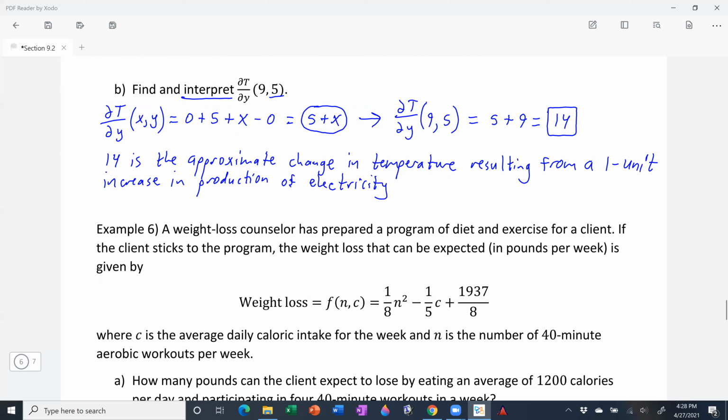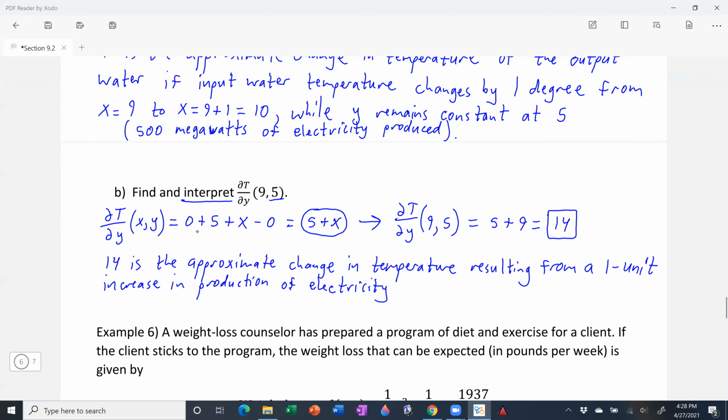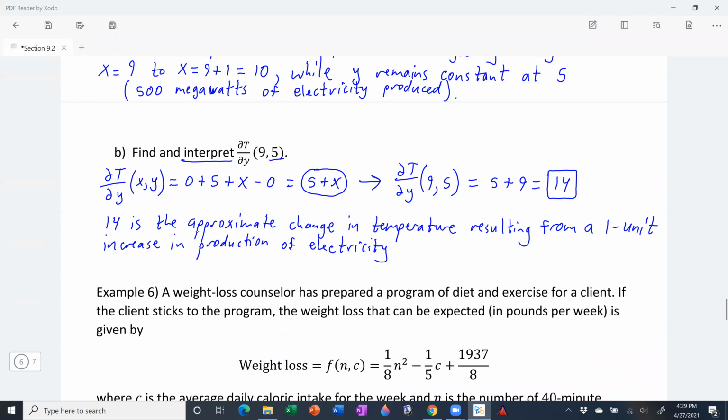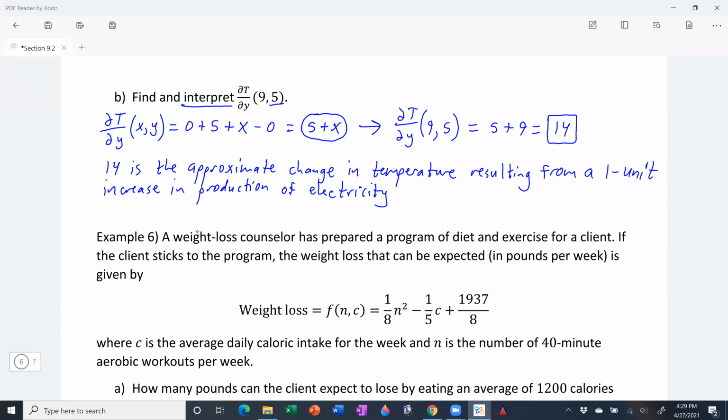Okay, because this time we're letting Y be the thing that's changing. And like I said up here, this is the tricky part. A 1 unit increase in whatever the Y variable was, from that number to that number plus 1. So 1 unit increase in production of electricity.